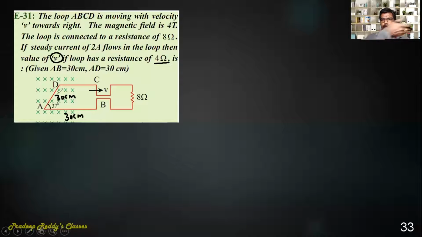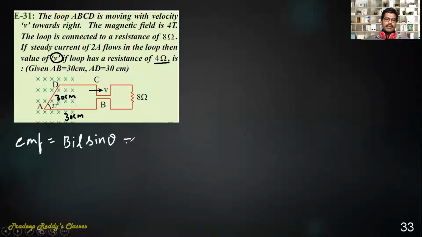Whenever the whole coil is moving with velocity V, there will be some EMF induced. So what is the equation for EMF induced? It is motional EMF. Here the angle is mentioned, L is the length of the conductor, and L and B are inclined by an angle of 37 degrees.